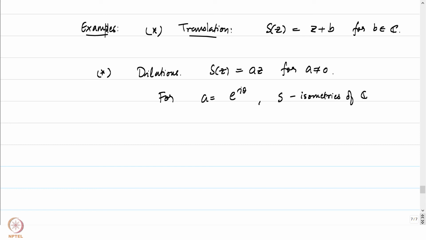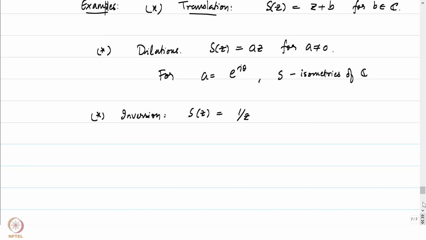So basically they will turn out to be rotations. Dilations are more general. For any a not equal to 0, we can talk about S of z equal to az. That's going to be a Mobius transformation, by the way. And the third one, which is of interest, is the inversion rather, S of z given by 1 by z.